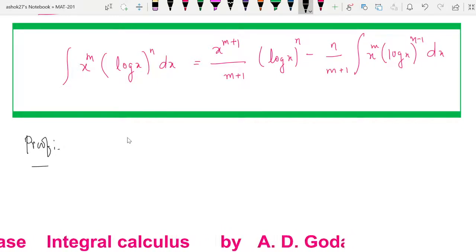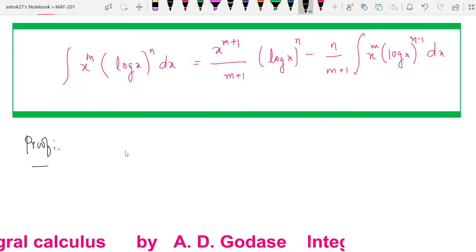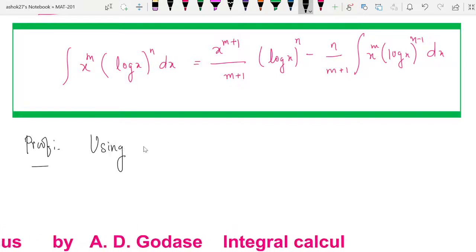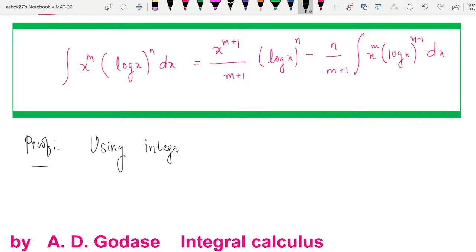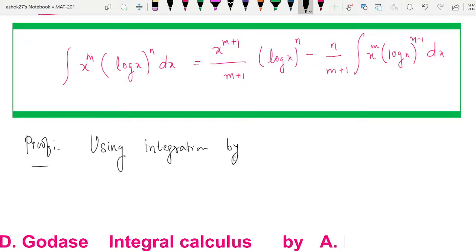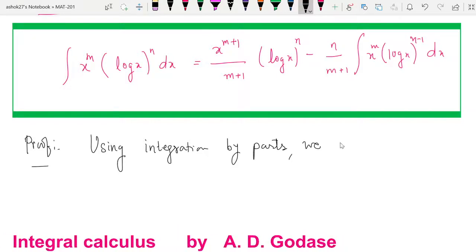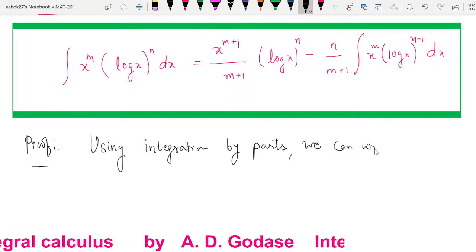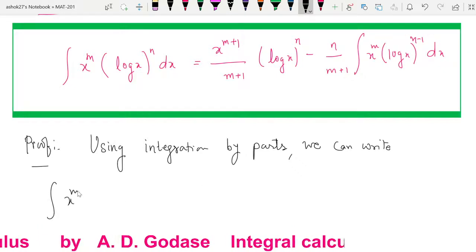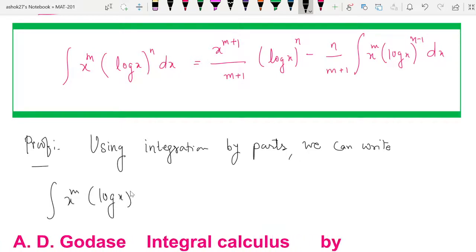Using integration by parts, we can write integration of x raised to m into log x its power n dx.